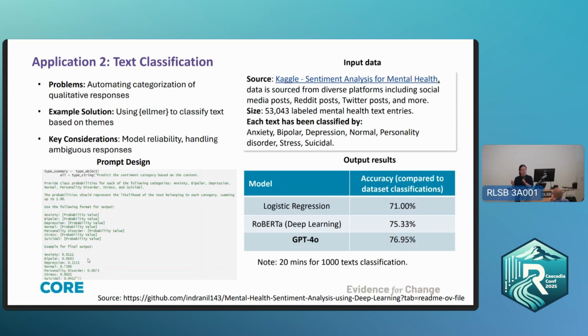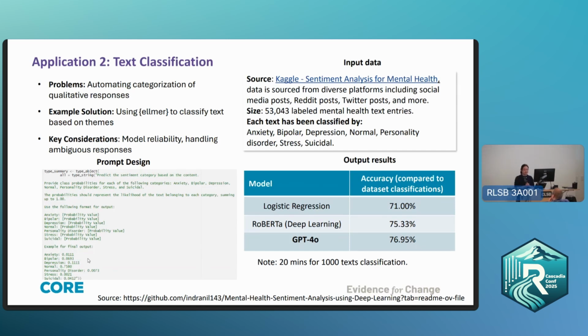Compared with other methods, like traditional logistic regression and the deep learning method, the large language model, GPT-4o, can give us accuracy of around 77%. I think that is comparable to other methods, and it's super easy.